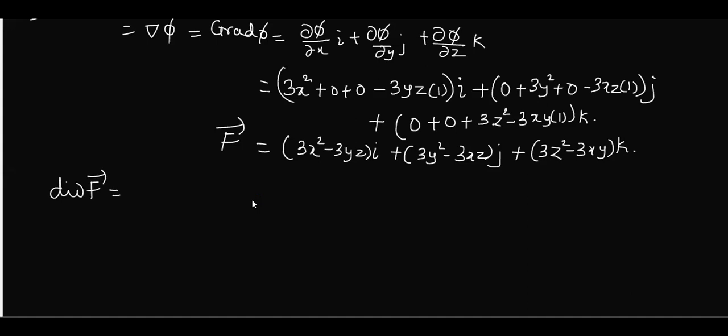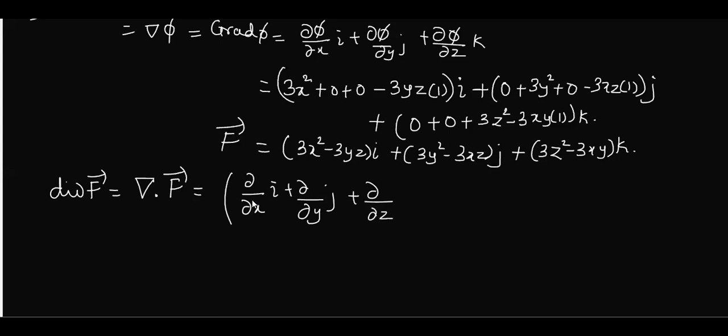What does divergence of f mean? Divergence of f means del dot f. What is del? Dou by dou x i, dou by dou y j, dou by dou z k, dot product with f.